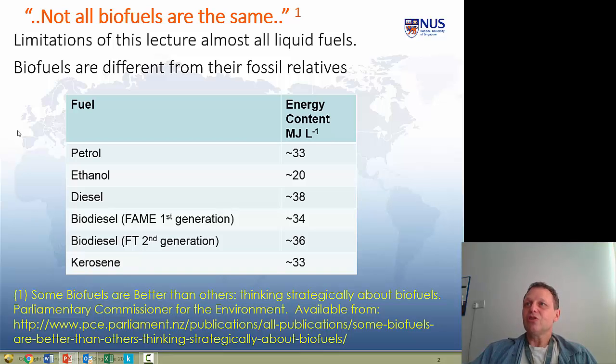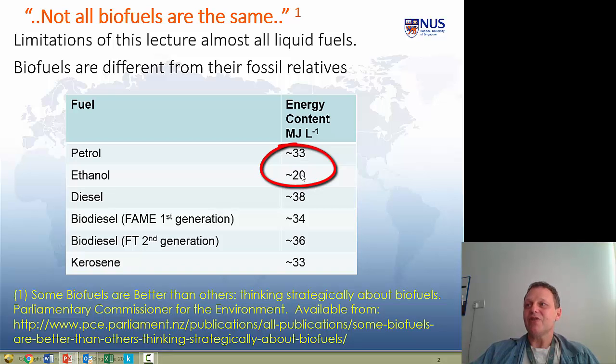Okay, so not all biofuels are the same as each other, and we'll now compare one of the differences, which is energy content. These are approximate numbers because it does depend on the blend and a few other bits and pieces. But you can see that for petrol, you have an energy of about 33 megajoules per litre. And for the biofuel equivalent, which is ethanol, it is 20 megajoules per litre.